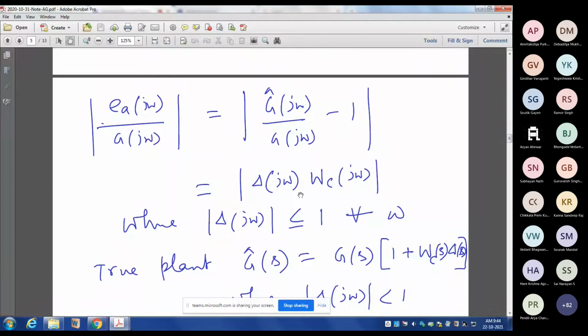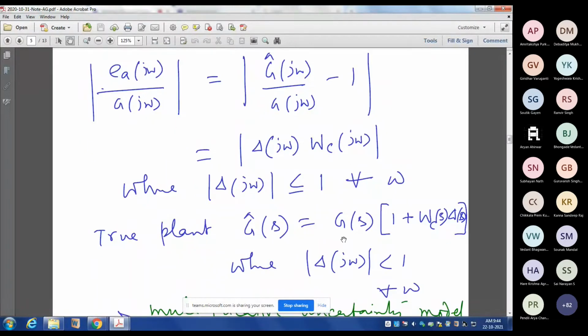From that you can write G hat s equal to Gs into 1 plus WC s into delta s. Here all are scalar, so it is easier. For a MIMO system also you can write a similar thing. MIMO systems are not in the syllabus, so I'm not considering that, but you can easily extend it. All the things will remain the same.